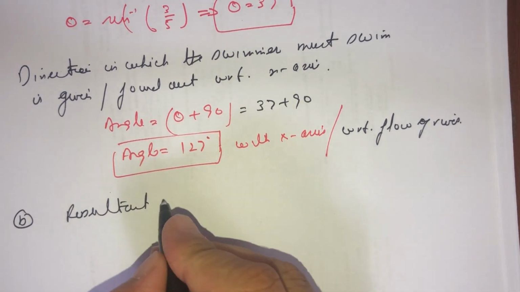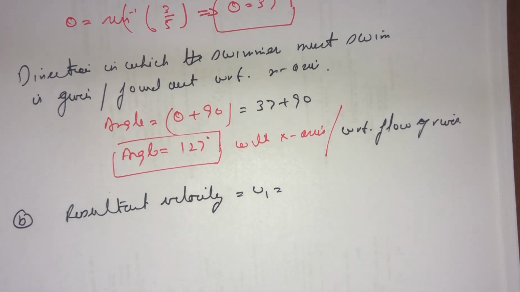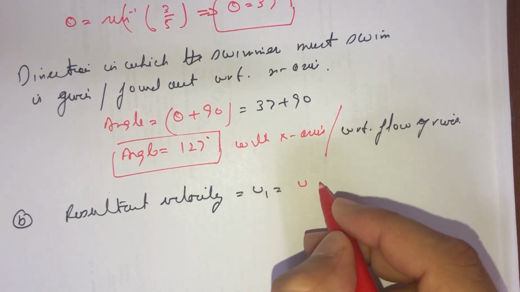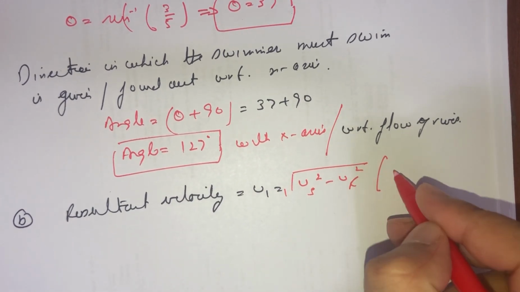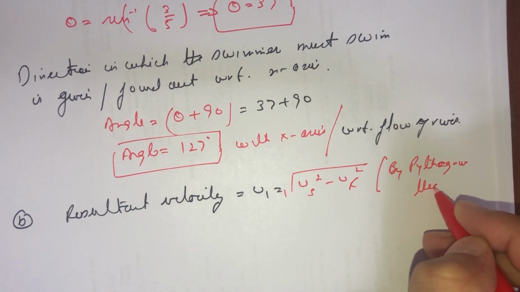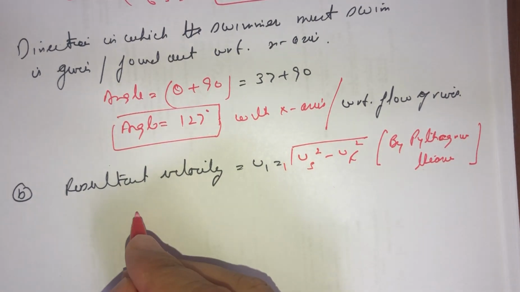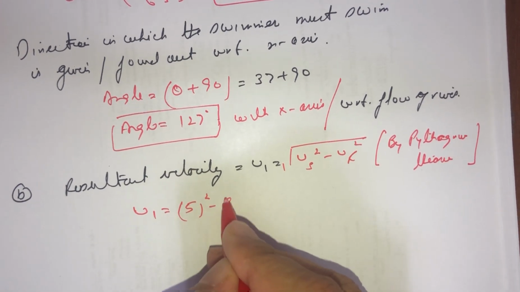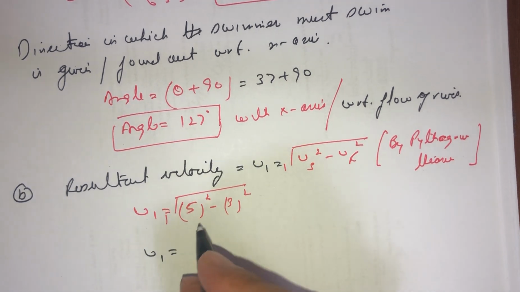We can directly use the Pythagoras theorem, which states that V1 will be equal to the square root of the velocity of the swimmer squared minus the velocity of the river squared. The velocity of the swimmer is 5 and the river is 3, so we get V1 equal to 4 km/h.